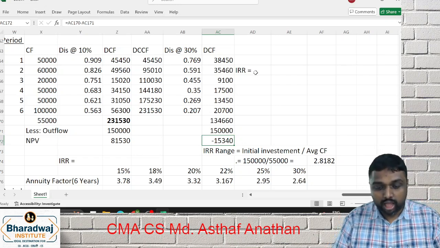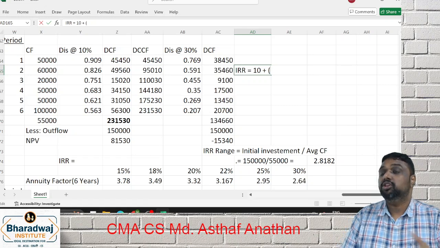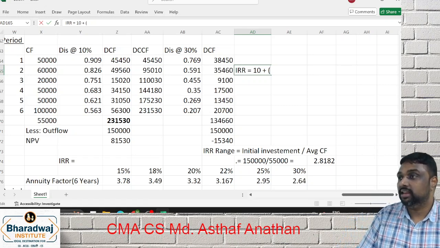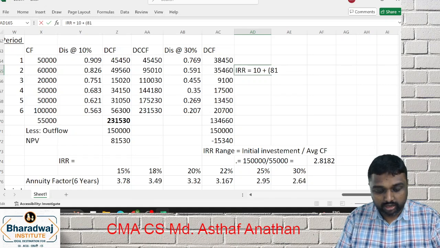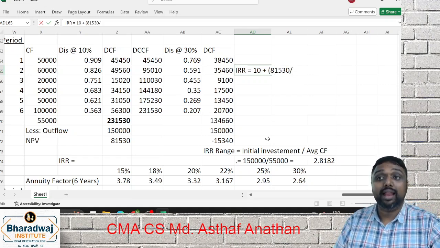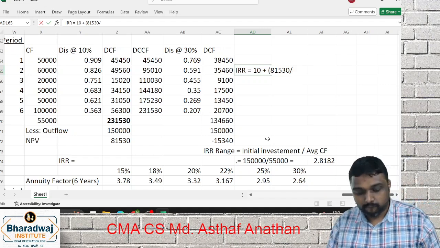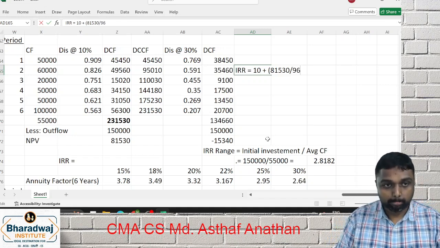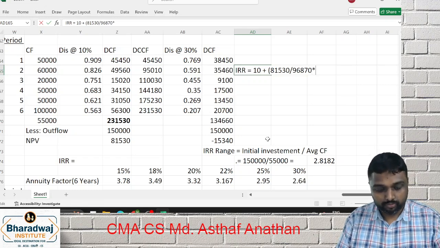How will you do it? IRR is equal to 10% plus. First you have to take the difference in NPV. What is the first point? NPV at positive 81,530 divided by the difference. Minus will become plus. So what will you get? 96 into what will you get?